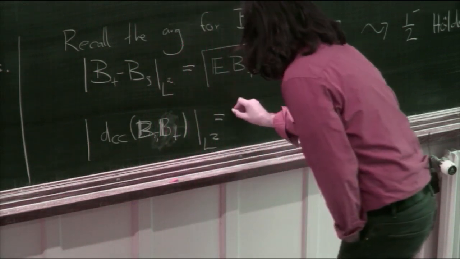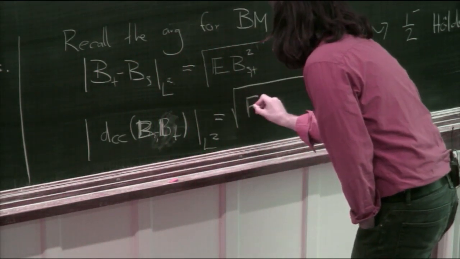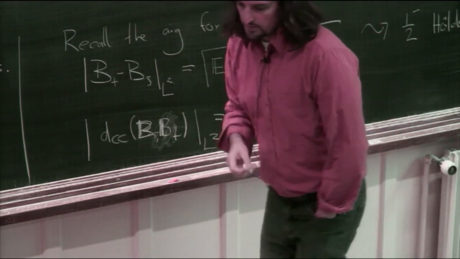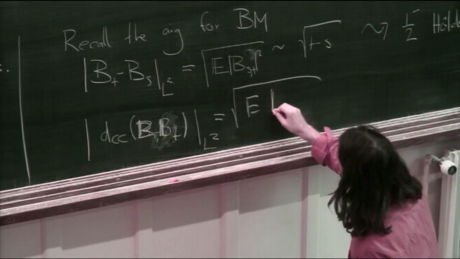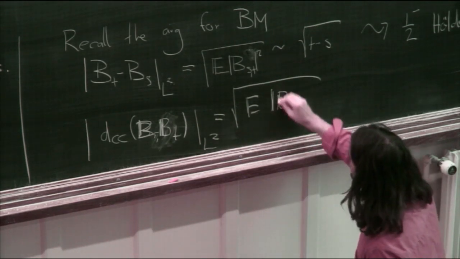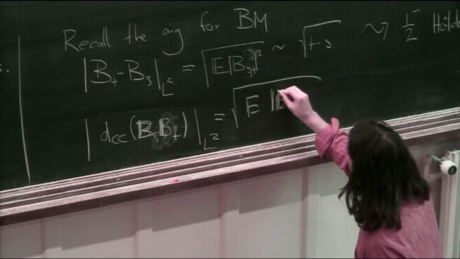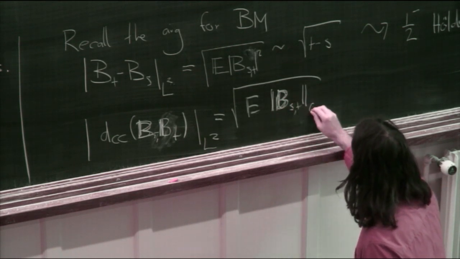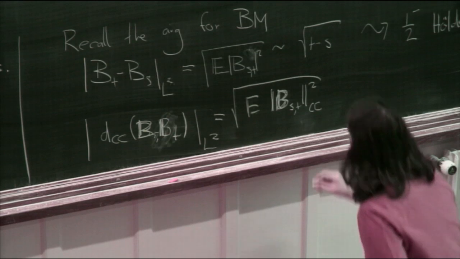Same story, that's the square root of the expected value of the Carnot norm of bold B_{s,t}, squared.